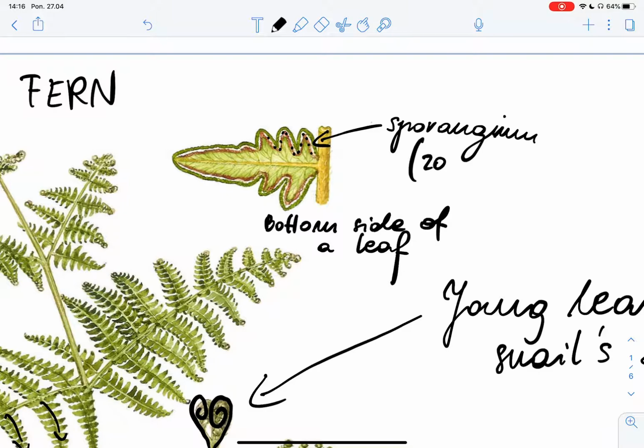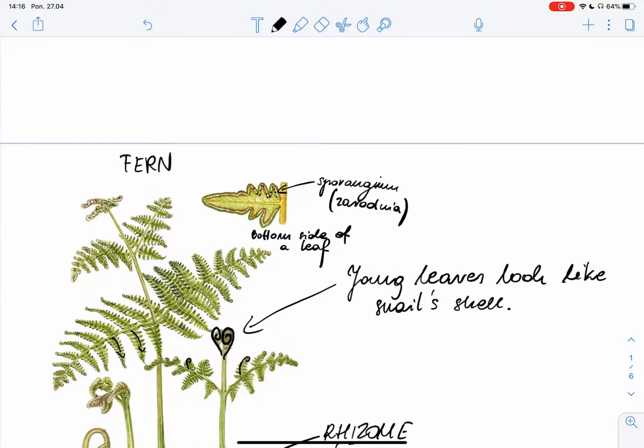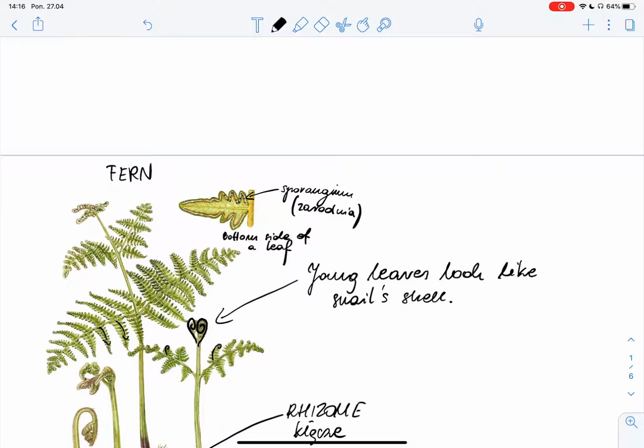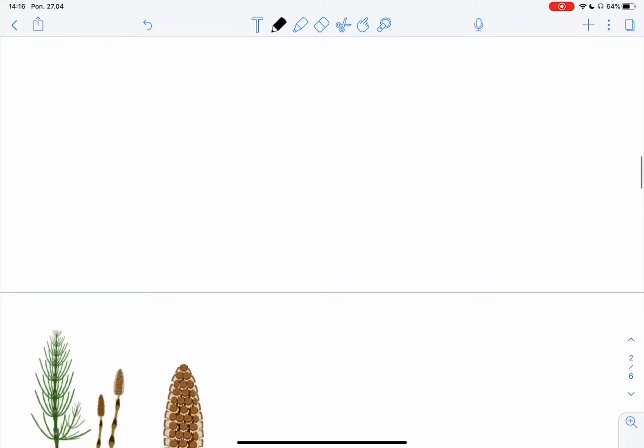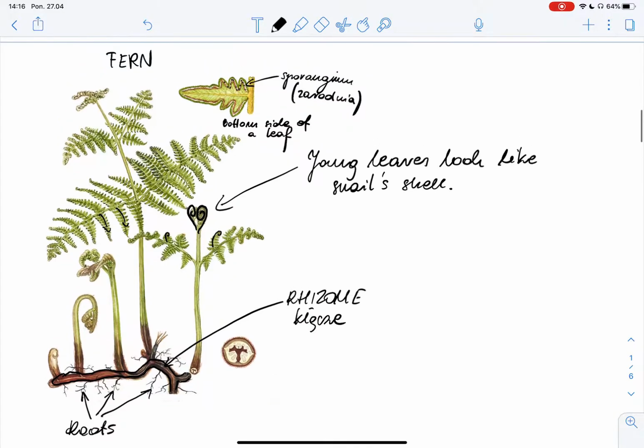Zarodnia. So this is the place where spores develop and from which they are later released. I have a picture of that later. Okay, guys, so this is a fern. This is what a fern looks like.